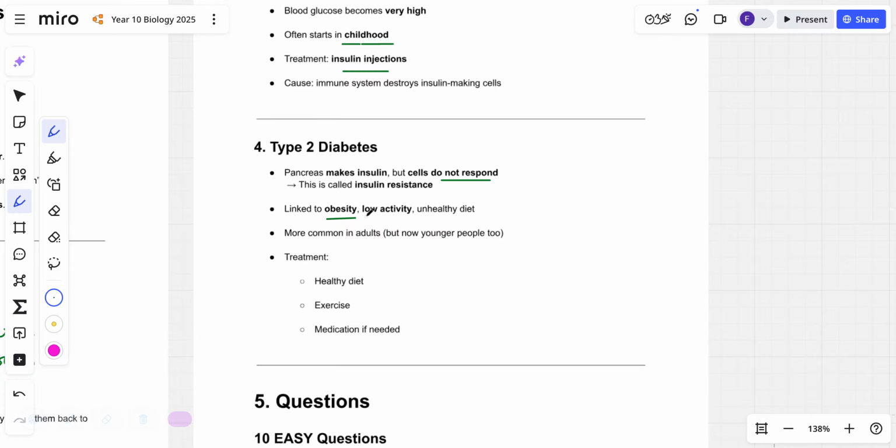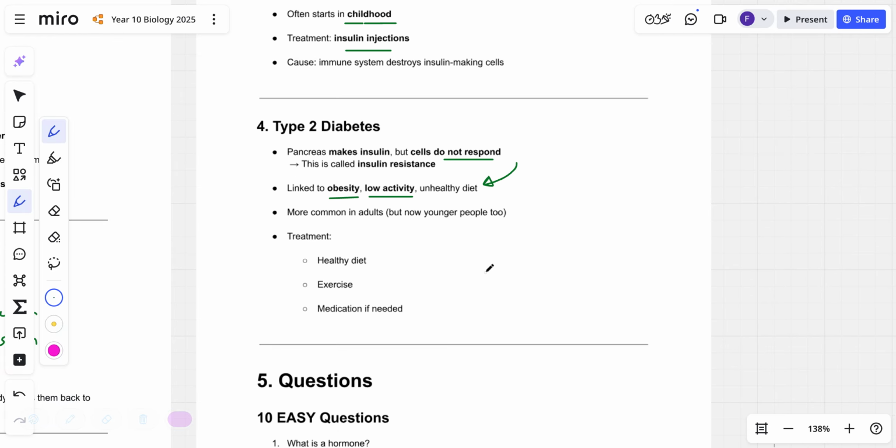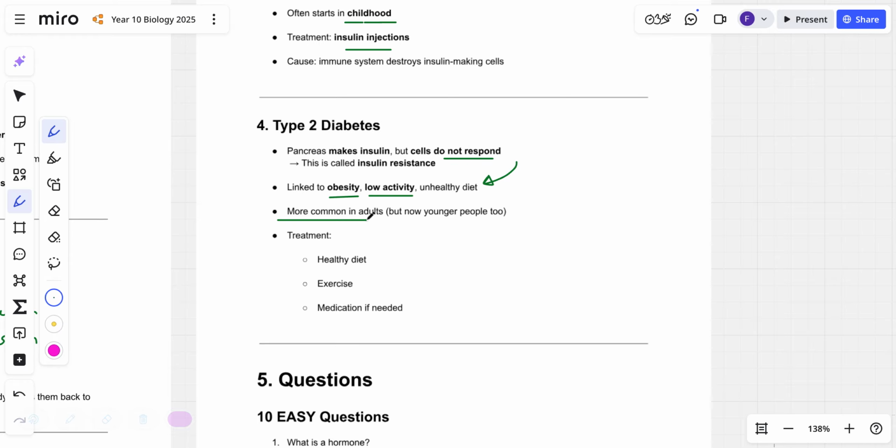So obesity, being overweight, low activity, and a very poor diet. Okay. It is generally more common in adults, but nowadays, as I said, it's getting more and more prevalent in younger children. The treatment is just eat properly and exercise.